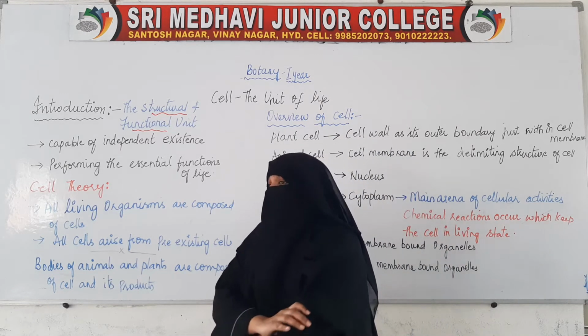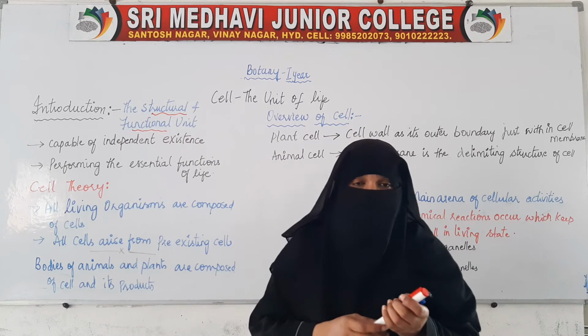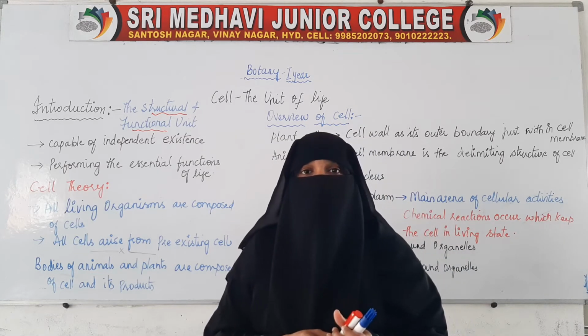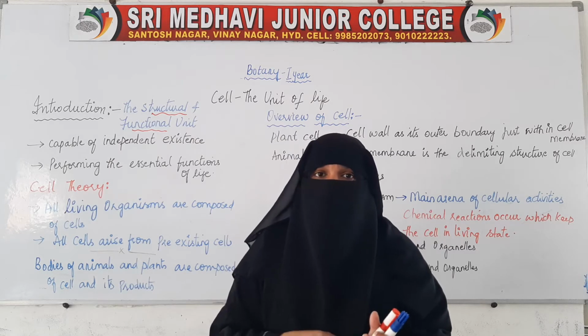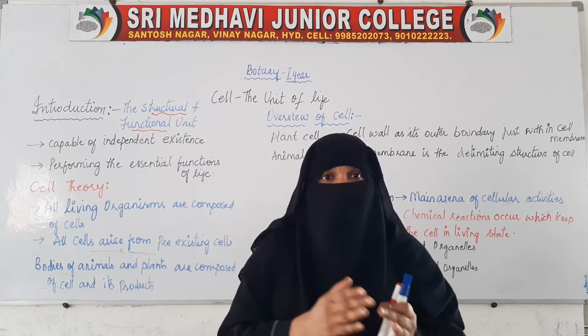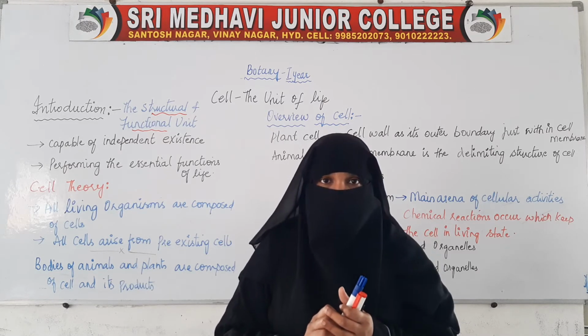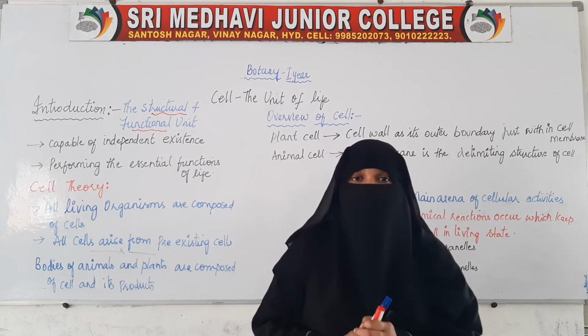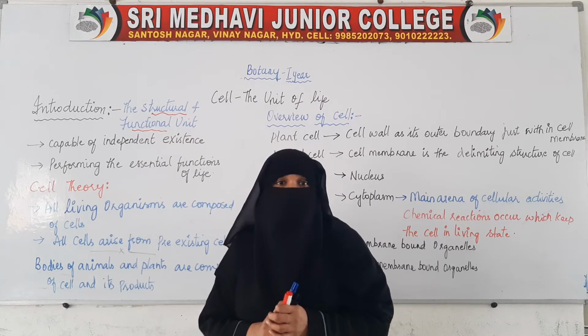Now coming to the cell, we have seen that there are two types of organisms based on the number of cells present: unicellular organisms and multicellular organisms.